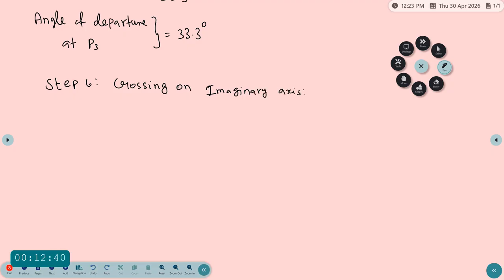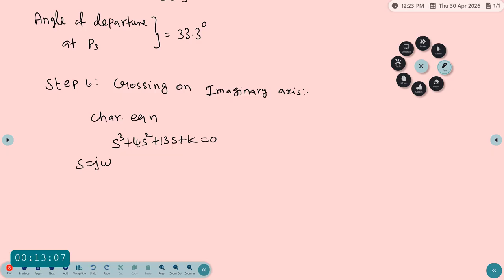This is a very simple step. In earlier subjects we may have studied about this one. Just to rewrite that characteristic equation, which is s cube plus 4s square plus 13s plus k equal to 0, which is available in step number 4. Now we know s equal to j omega.